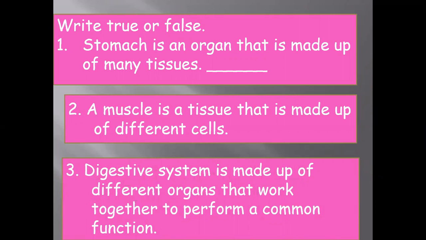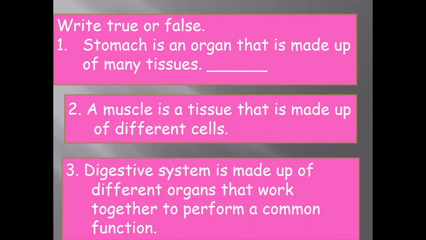Number 3: The digestive system is made up of different organs that work together to perform a common function. If we return to the definition, a system is made up of different organs that work together to perform a common function. The digestive system is an example of a system found in an organism. It is made up of many different organs, such as the mouth, the stomach, the small intestine, and the large intestine.